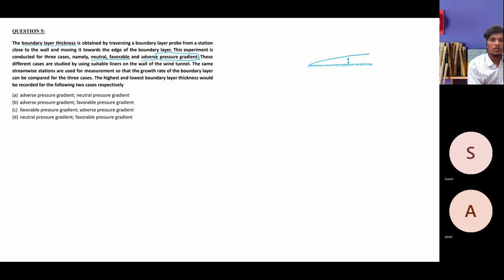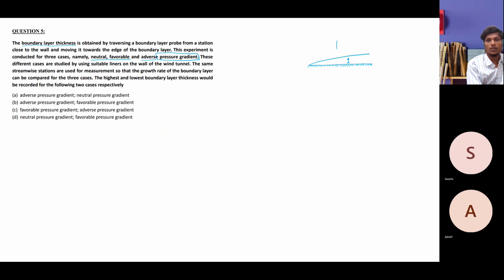This investigation is done by some pitot tube, following all the conditions of theory on how you want to measure those things. Then another thing is that these different cases are studied by using suitable liners on the wall of the wind tunnel.